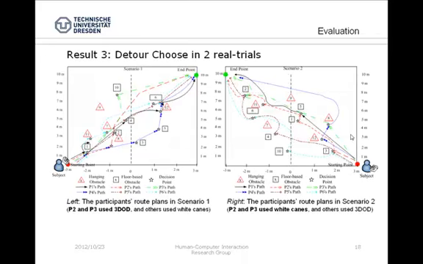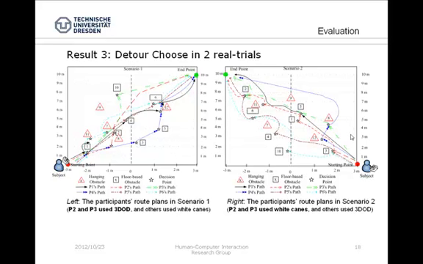Okay, let's have a look at a very interesting result: the detour choice. Normally the user using the white cane, it's hard to say a detour. Check the left side. This is the users' performance in the route choice in scenario 1.